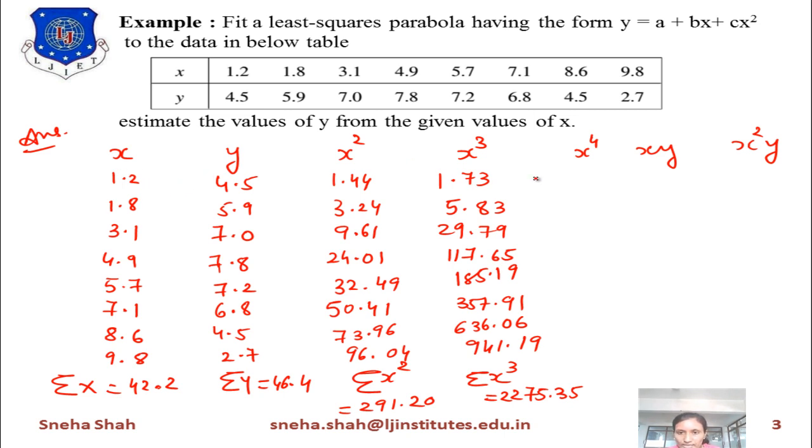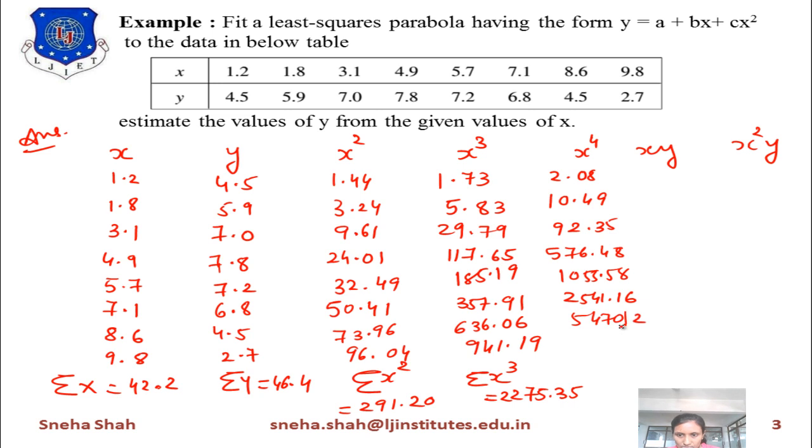Similarly, next you have to find out x raised to 4. 1.2 raised to 4 means 2.08, 10.49. You can calculate all the terms and verify whether you are getting this answer or not. 576.48. Next one is 1055.58. Next one is 2541.16, 5470.12.